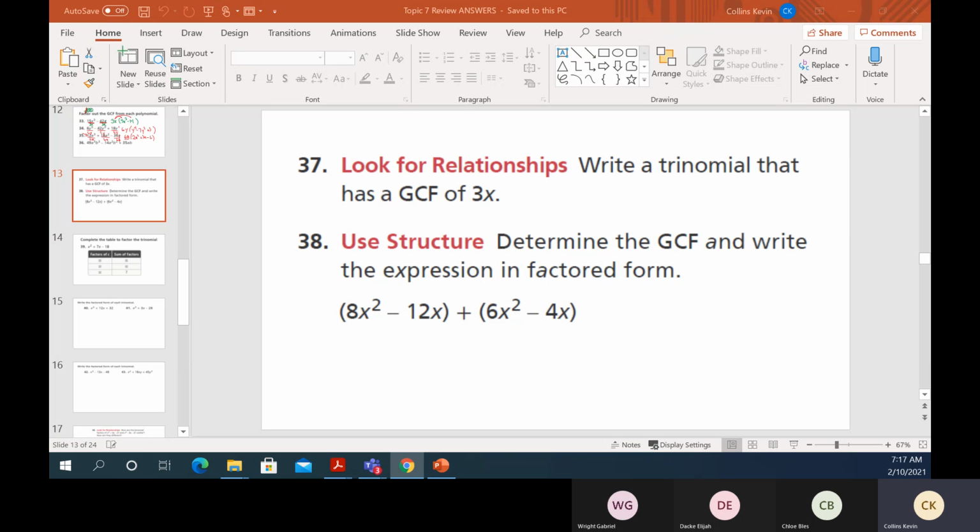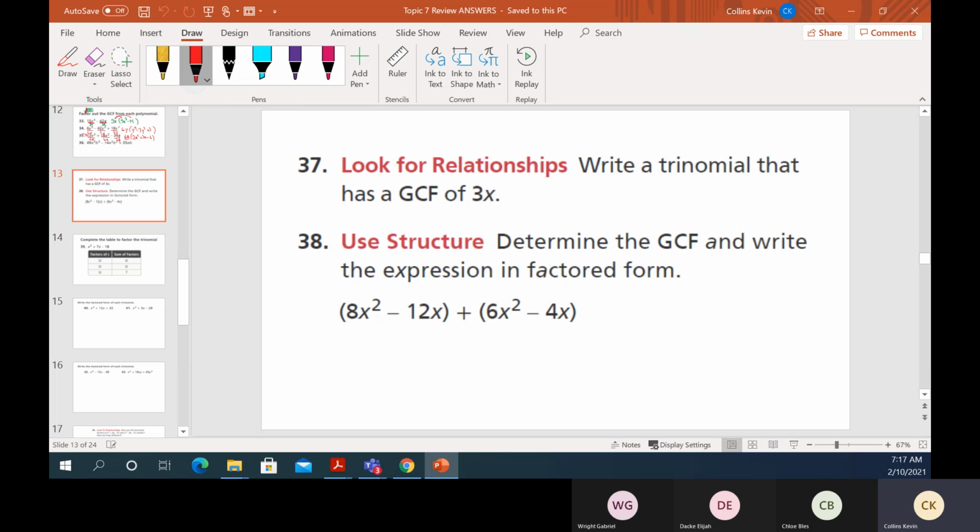So we could do 3x, and then multiply it by, I don't know, I'm making stuff up here, x squared plus 2x minus 8, something like that. Then just multiply them together, and that'll be a trinomial that has a greatest common factor of 3x.